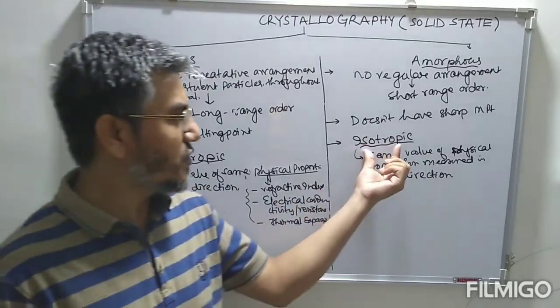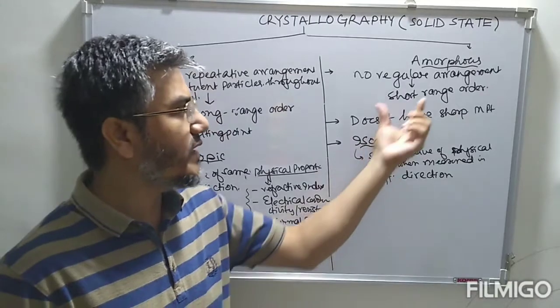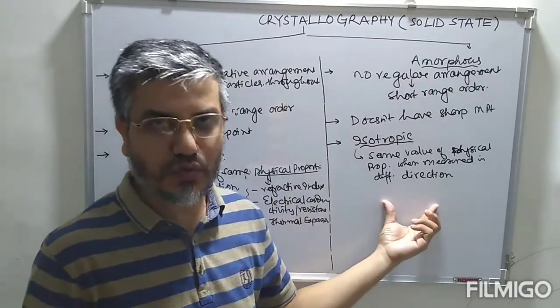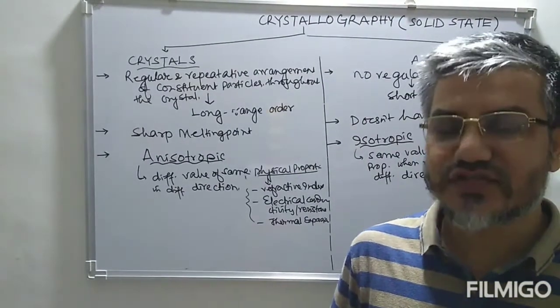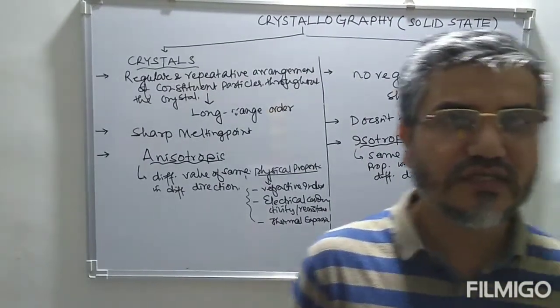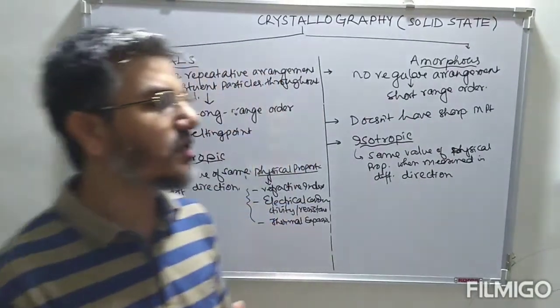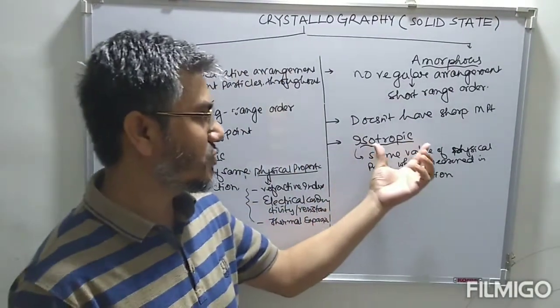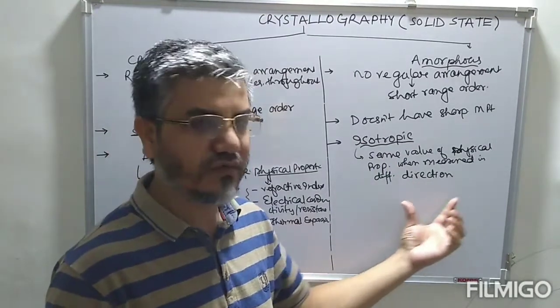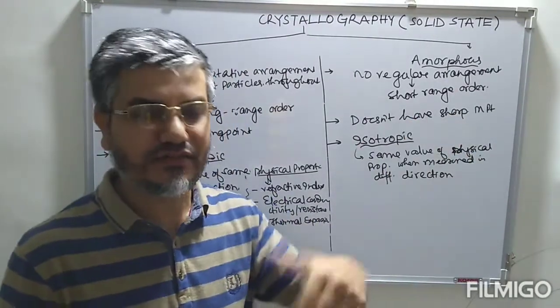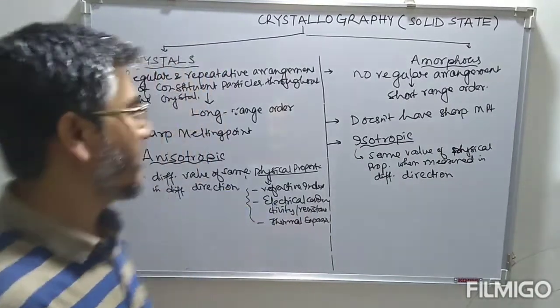This is what we call isotropic. And why are amorphous compounds isotropic? Because these amorphous substances do not have regularity in the arrangement of the constituent particles. So they show the same values of the physical properties when measured in different directions.